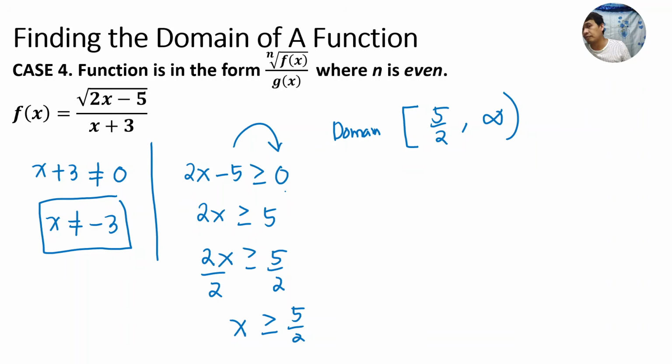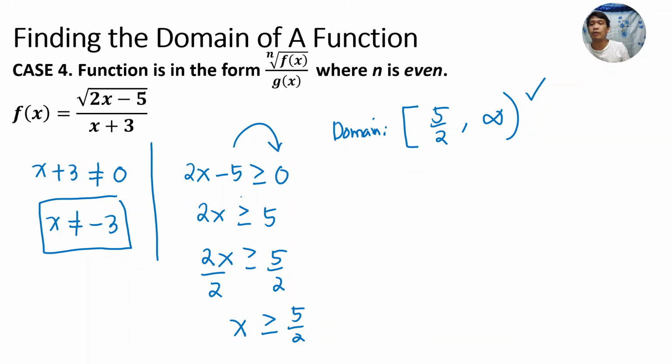Paano yung x must not be equal to negative 3? So, paano yung from negative 3 papunta sa 5 halves? So, hindi na rin siya magiging included since yung 5 halves papunta lang sa infinity ang pwede. So, ika-cancel na ulit natin lahat.